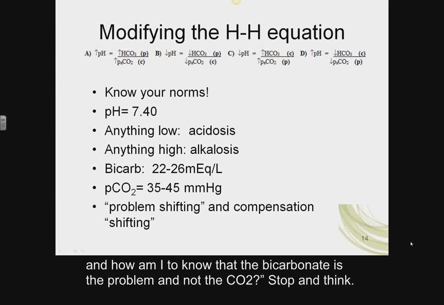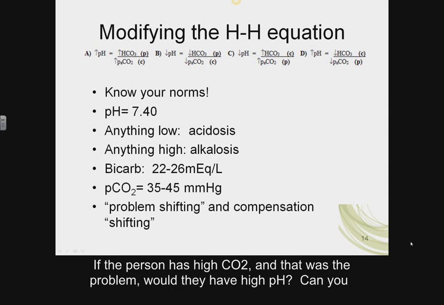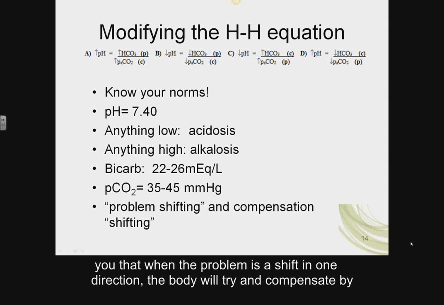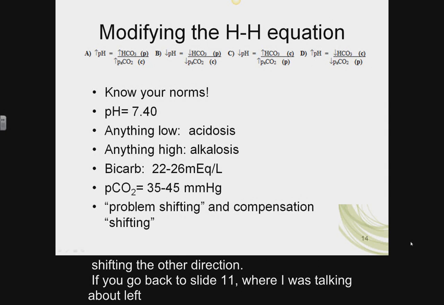Now, you might be thinking, now, Kara, I am seeing pH is up, and I am seeing bicarbonate is up, and I am seeing that CO2 is up. And how am I to know that the bicarbonate is the problem and not the CO2? Stop and think. If the person has high CO2 and that was the problem, would they have high pH? Can you have a high pH because you have too much acid?